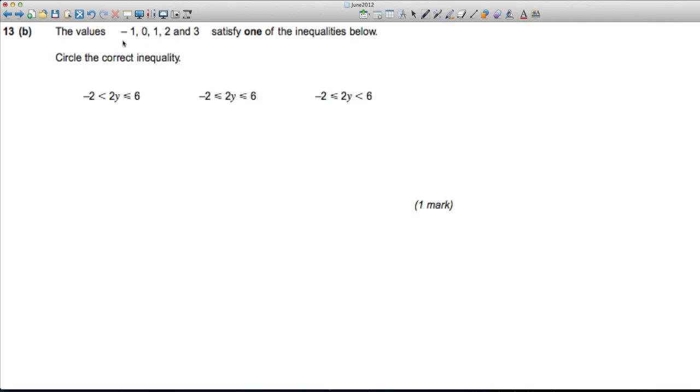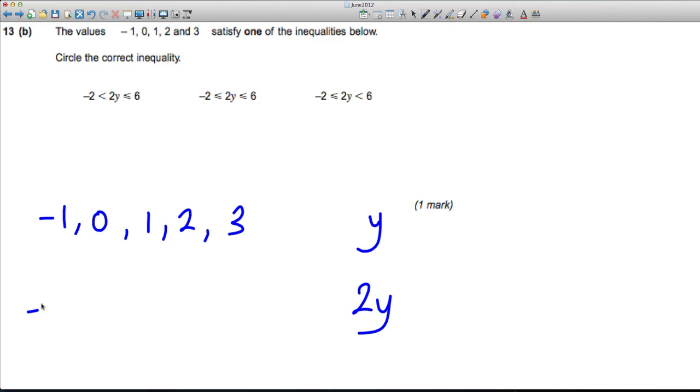13b. The values -1, 0, 1, 2 and 3 satisfy one of the inequalities only. Circle the correct one. Now, here, if these numbers were y, -1, 0, 1, 2 and 3, if they were going to be my y values, then 2y, wouldn't that be -2, 0, 2, 4 and 6?